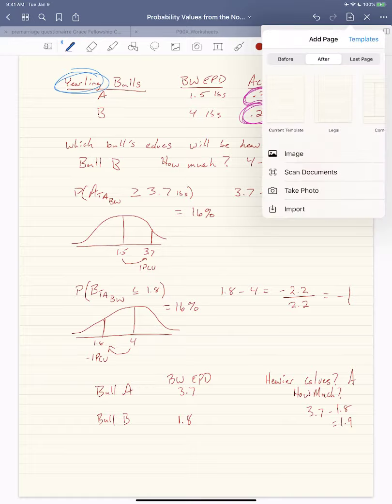So let me go through and add it. There are three things as to why we're not surprised that this event could occur. Number one would be the low accuracies, and these low accuracies increase the possible change values. The second reason would be to remember that EPDs are estimates of transmitting ability.